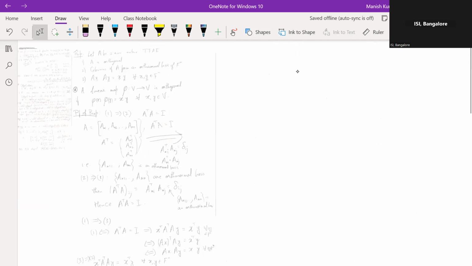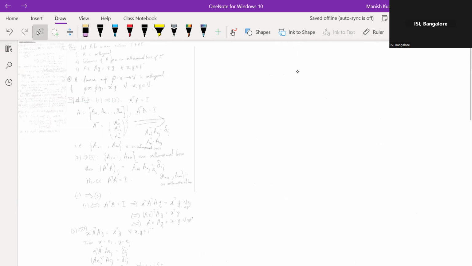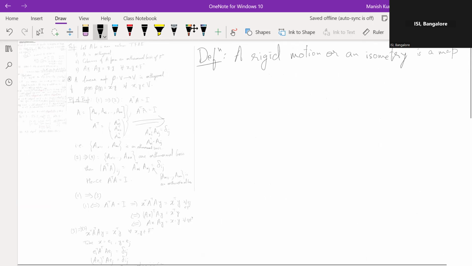Something like that. Yeah. So definition: a rigid motion or an isometry is a map M from Rn to Rn.